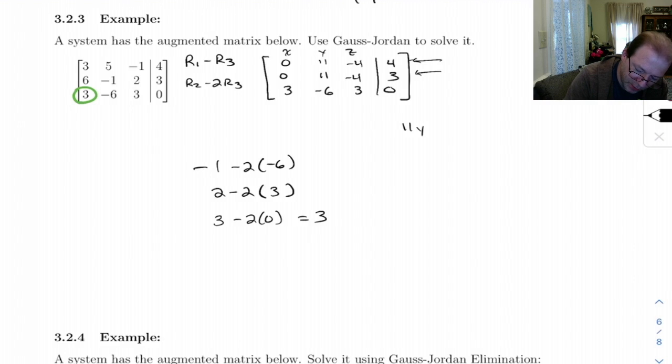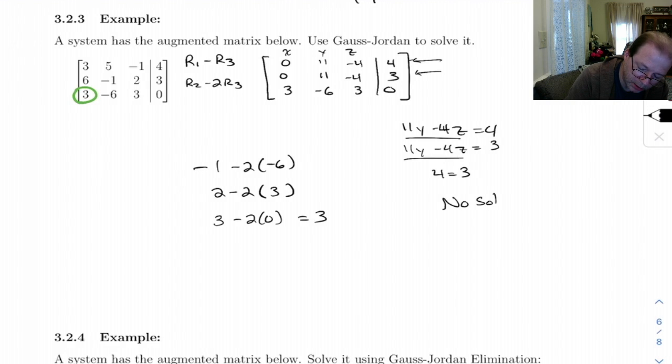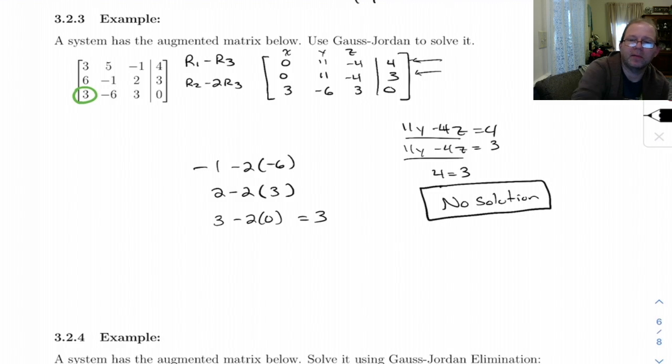This says that 11y minus 4z is 4, and 11y minus 4z is 3. Or in other words, 4 equals 3. So this thing has no solution. So I'm not going to finish this problem out, or rather I'm not going to finish row reducing the matrix because we don't need to. We can see immediately that it has no solution.